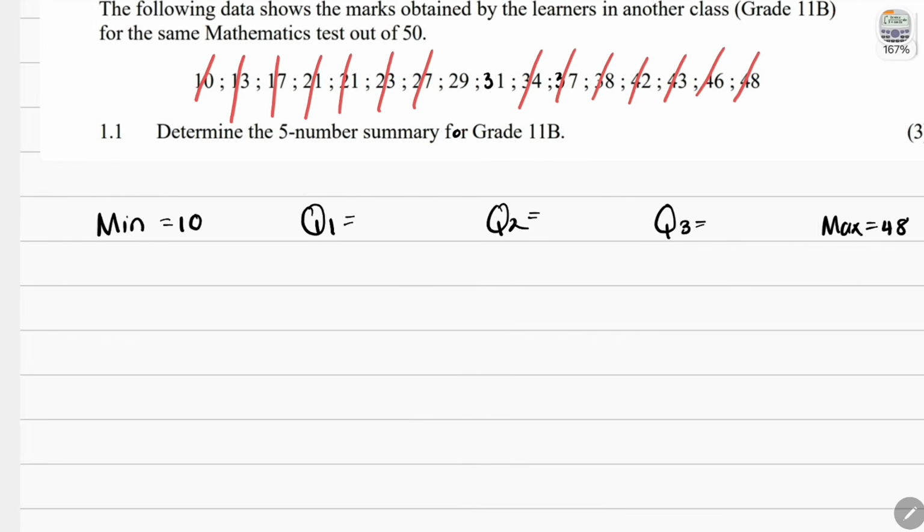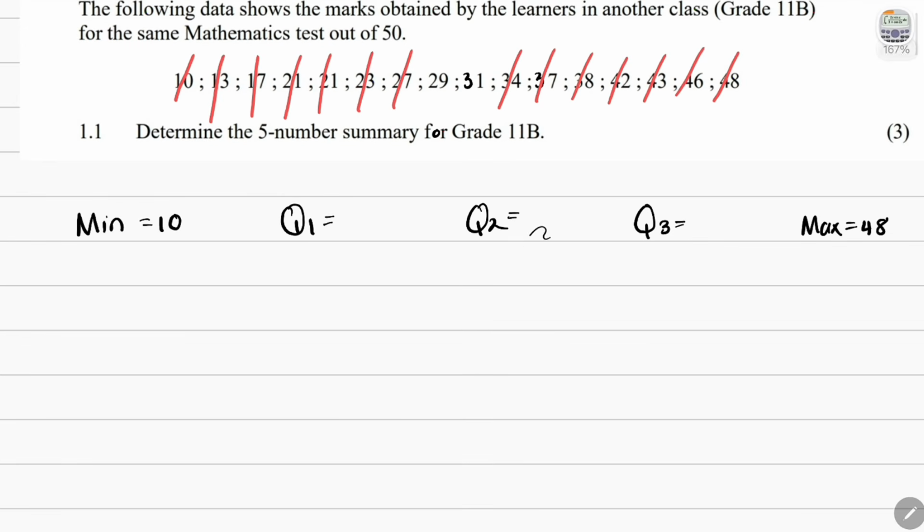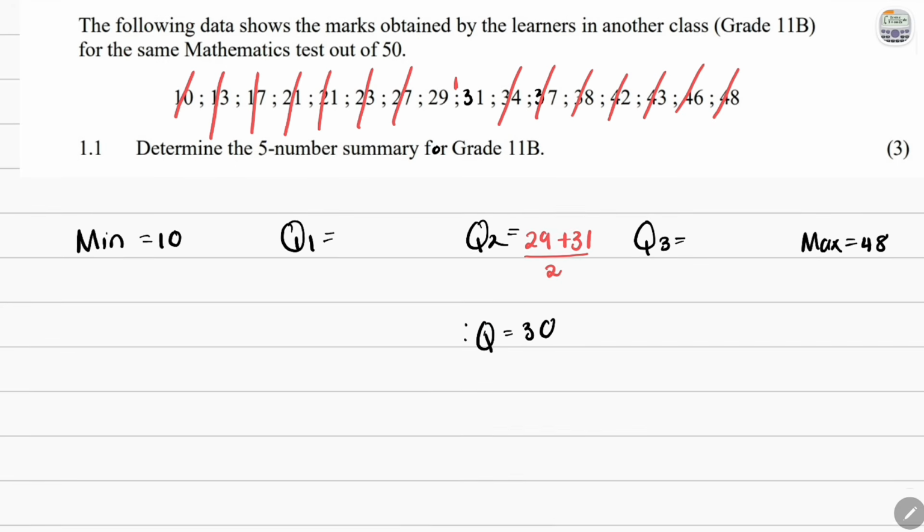And you can see that right in the middle, this is where we have Q2. So to find Q2, it would be in between these two numbers, meaning Q2 is found by saying 29 plus 31, and to get the middle of it, you say divided by 2. Okay, if we carry that over, it gives you 30 plus 30, which is 60, divided by 2 is 30. So Q2 is simply equal to 30, and now we can find the rest.